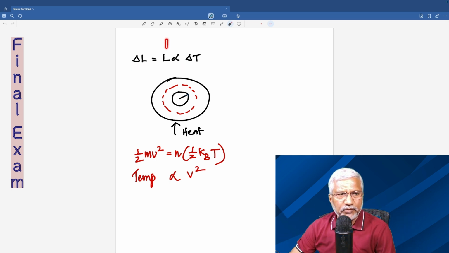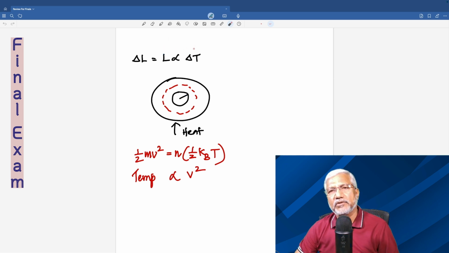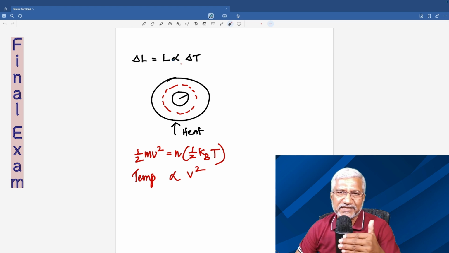And L would be the original length. Delta T would be the change in temperature. So you're heating it from an initial temperature to a final. So that's a change. Alpha is a constant called linear expansivity. That'll be given to you. So if you're given these three, you just have to multiply them to find the change in length.